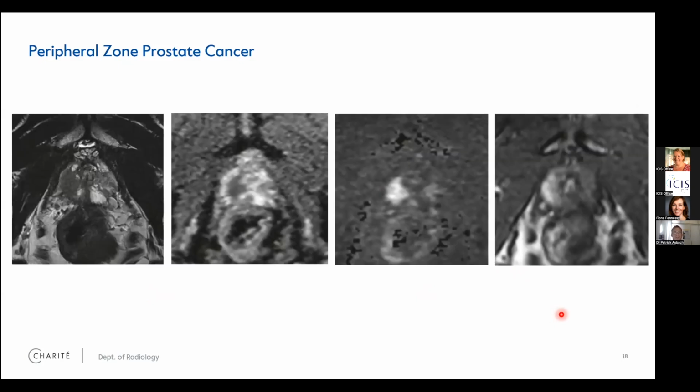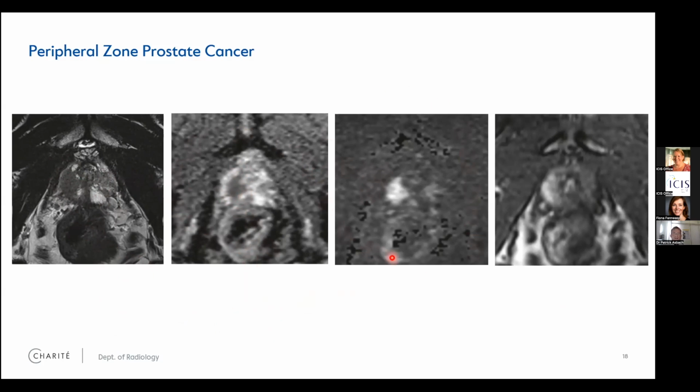Let me show you a companion case. This is a patient with a prostate cancer in the peripheral zone on the right apical side of the prostate. Again, on the T2-weighted image, you see an area of decreased signal intensity. Please note that the contralateral side also shows some T2 signal abnormalities. On the ADC map, again, you see marked diffusion restriction, so you see low signal on the ADC map.